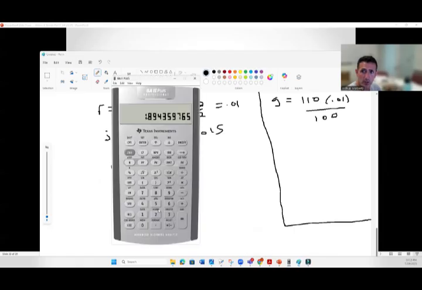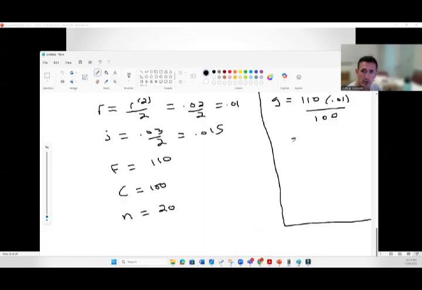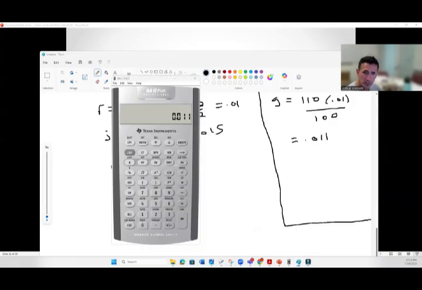Just plop this into the calculator: 110 times 0.01 over 100. Might as well store that. 0.011.